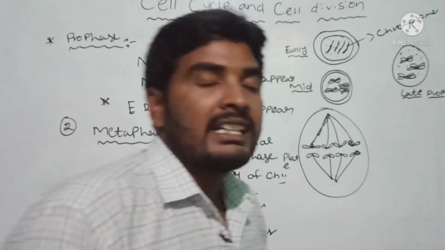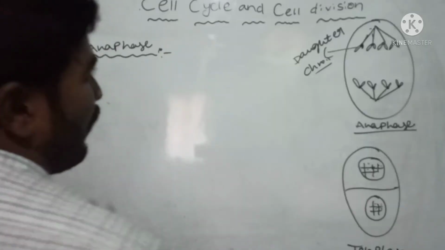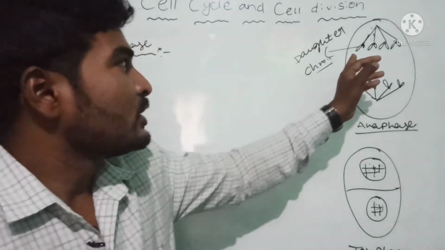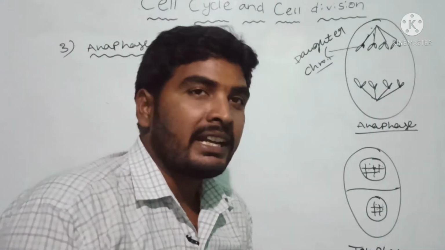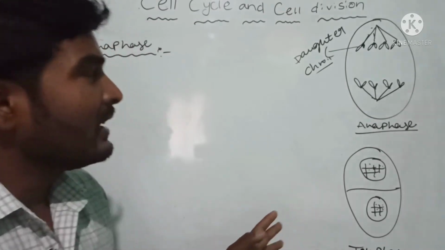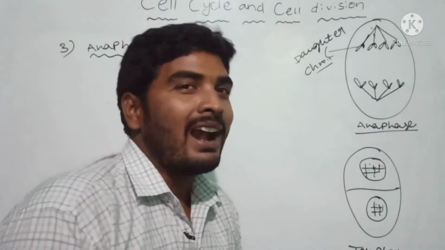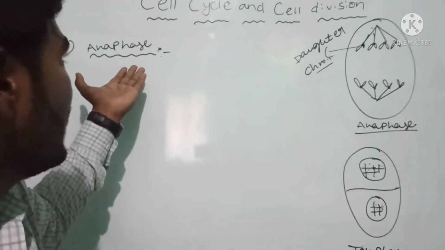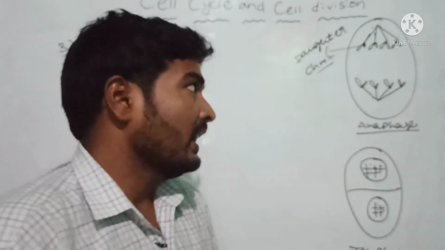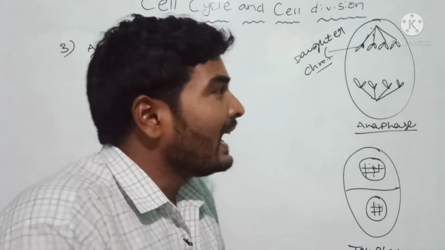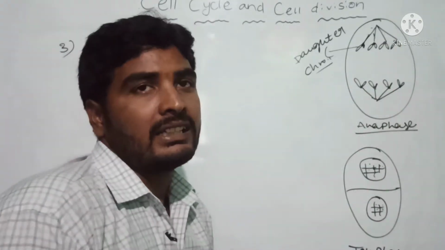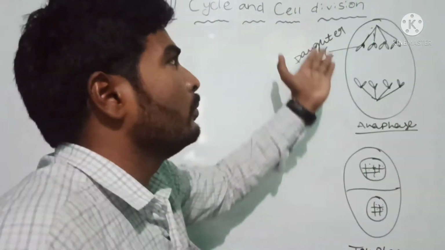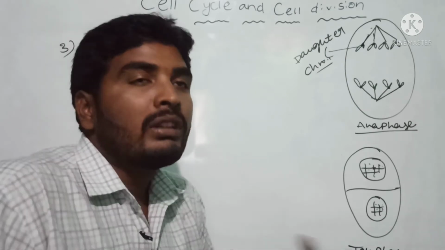The next stage is anaphase. What happens in anaphase? Splitting of the centromeres, and then the chromatids start to separate. We see splitting of the centromere in this stage. After the centromere splits, separation of the chromatids begins, forming daughter chromosomes.